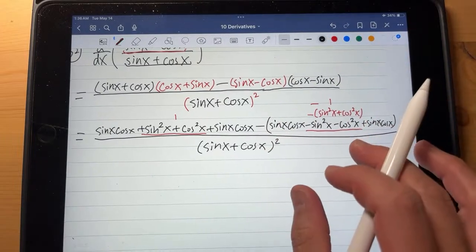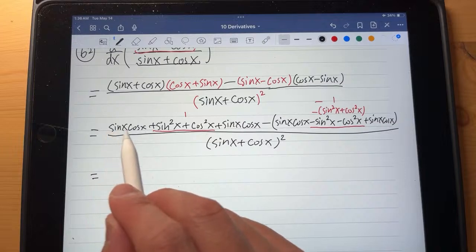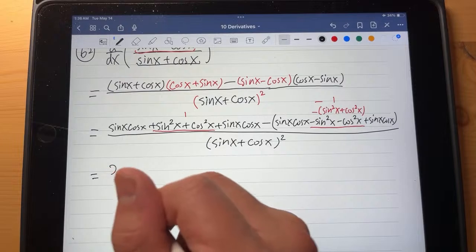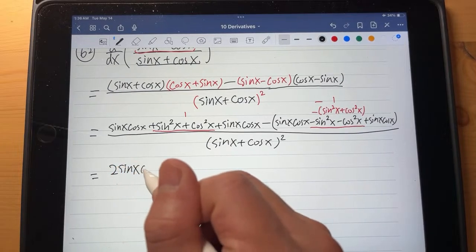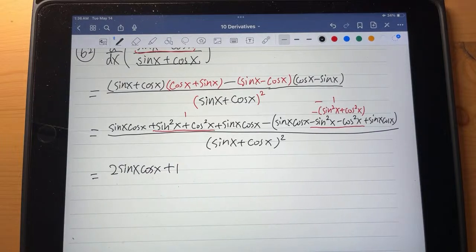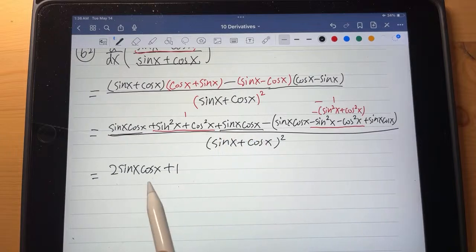So we can actually combine a lot of stuff. Check this out. Firstly, we see that sine x, cosine x, sine x, cosine x, so together we have 2 of them. And then plus 1. Yeah, so this and that is that, and then the 1 right here.